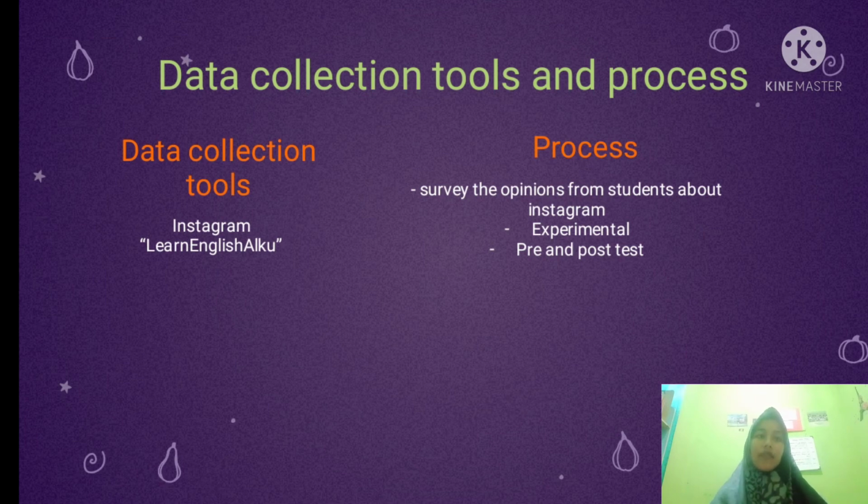The use of Instagram for the experimental study was designed as supplementary to formal classes. In the pre and post tests, both the experimental and the control group students were administered achievement tests for comparison, and the effectiveness of Instagram on students' language learning was then tested statistically.